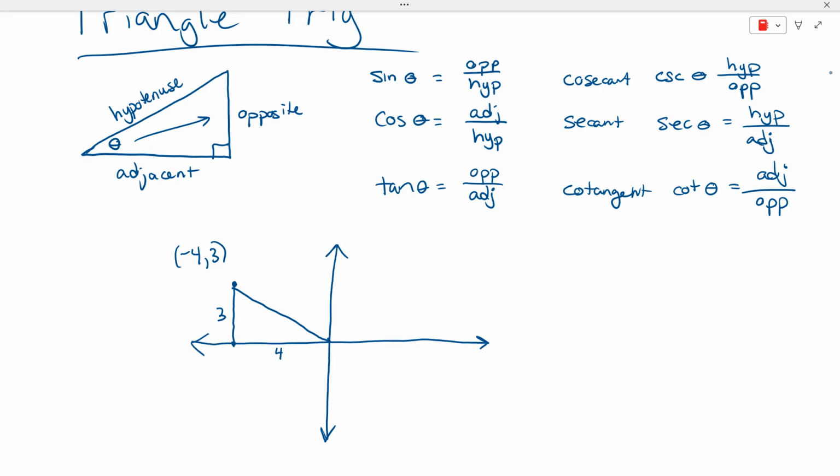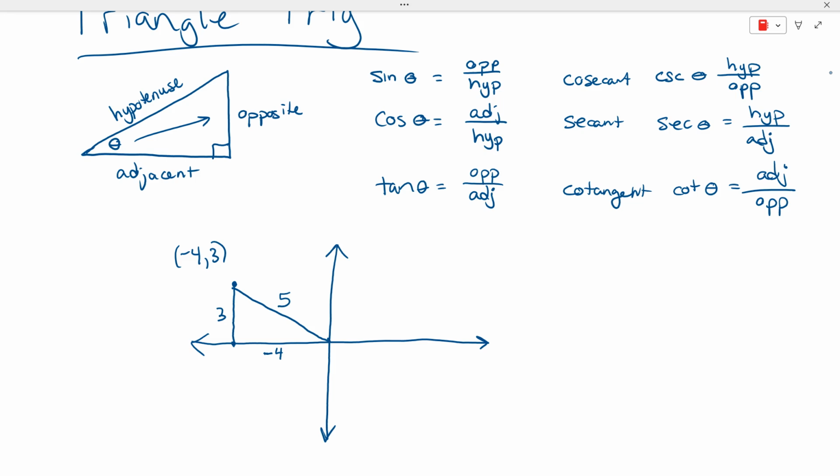So how do we find the hypotenuse? C squared equals A squared plus B squared. So C squared equals 25. So C would equal 5. Now I'm going to throw my negative on here. Okay, I'm going to throw my negative on there so we know that that's negative.